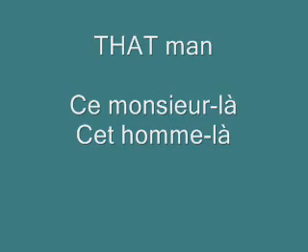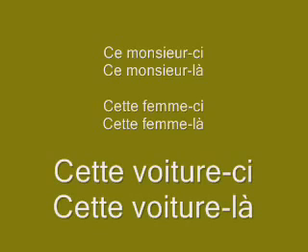Alright, so you use ci or là after any noun, like ce monsieur-ci, ce monsieur-là, cette femme-ci, cette femme-là, cette voiture-ci, cette voiture-là, you are really stressing the fact that the object you are indicating is either very close, or at a distance, far.